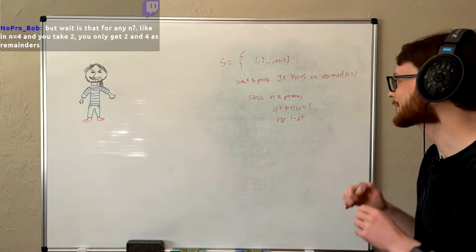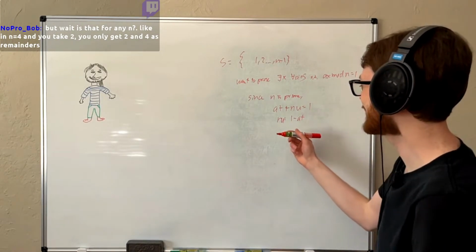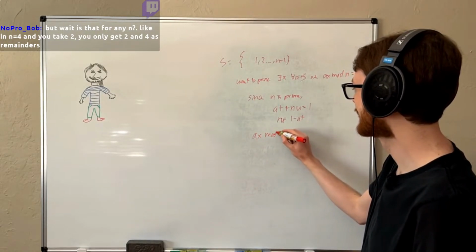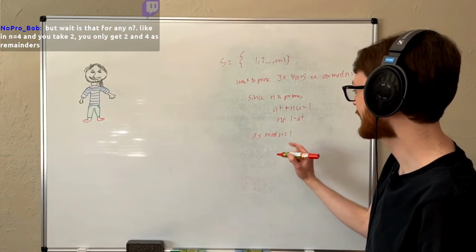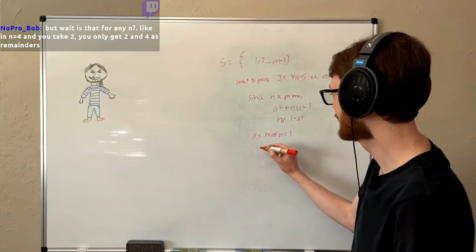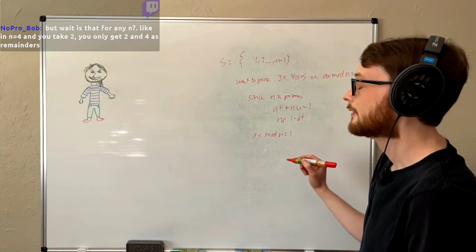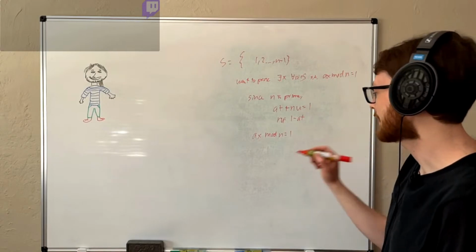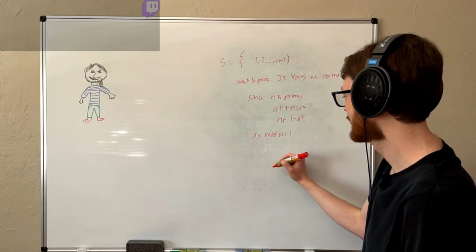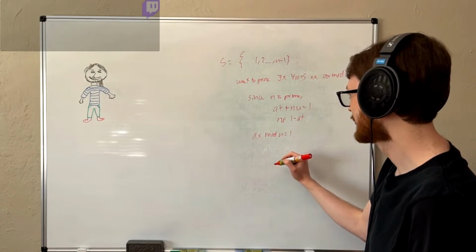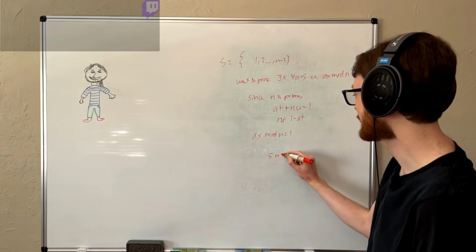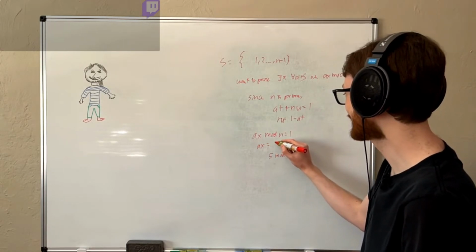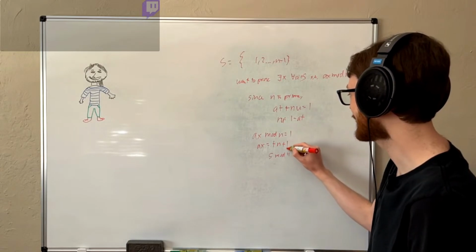I think the reverse direction was easier, where if you know ax mod n equals 1, at least I remember thinking it was easier, and then you can reverse the steps. ax mod n equals 1 implies, how does this work again? If you have 5 mod 4, that means ax is equal to some number t times n plus 1.